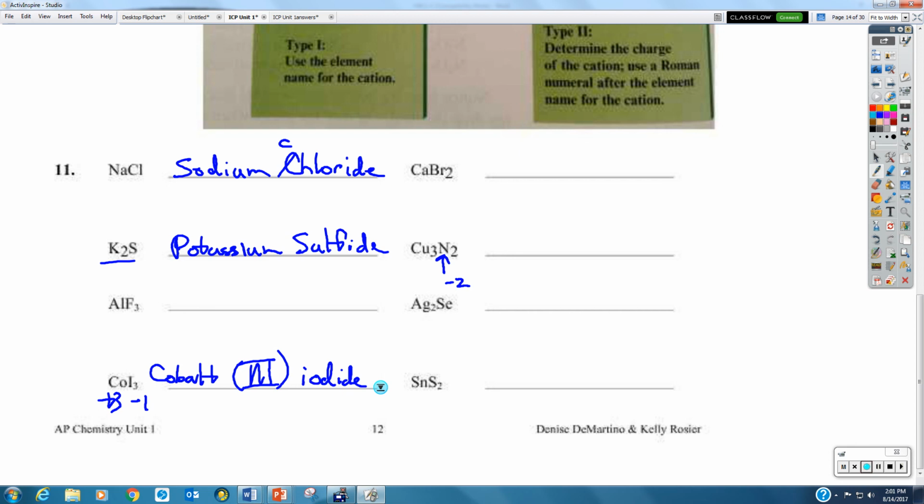Nitrogen is -3, sorry. Thank you for catching that. So nitrogen is giving us a -6 overall. It takes 3 of that, so that means that this one has to be a +2. So it's going to be copper 2 nitride.